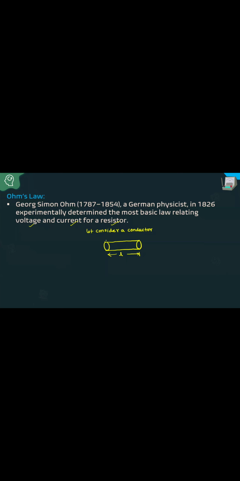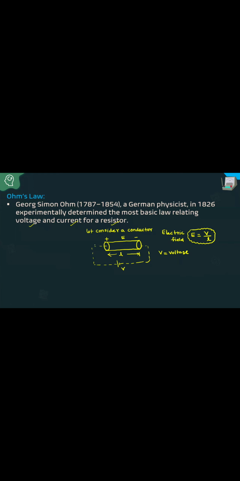Let this be the electric field. Then the voltage applied to this conductor is V. We define electric field equal to, one more formula I am giving, students. What is the relation between electric field and voltage? Voltage per unit length, V by L, is nothing but the electric field, where V equal to voltage.